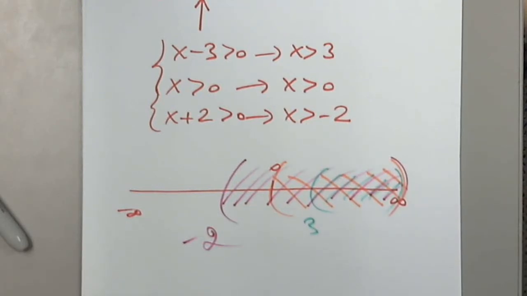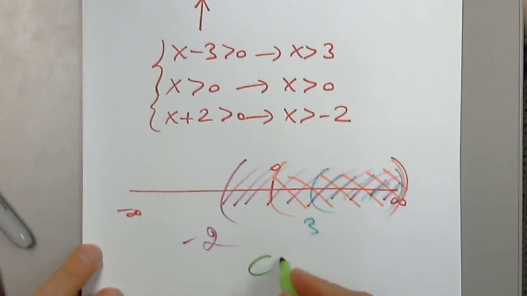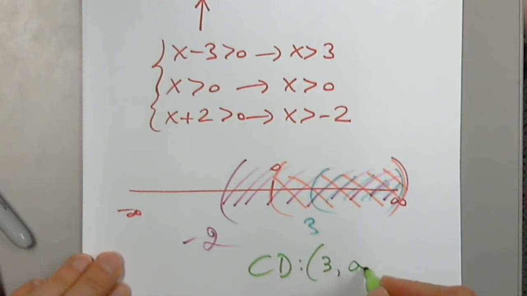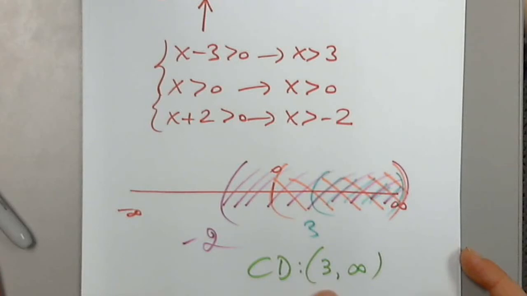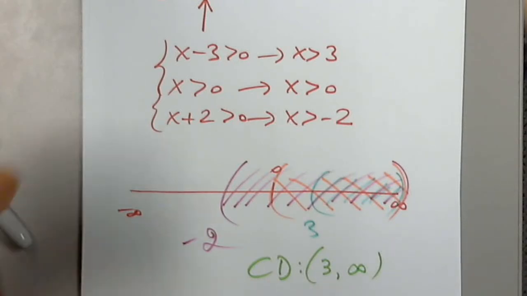I have to choose the common territory to all three, where all three logs will exist. So the common domain is greater than 3. Very good. So if I don't find a solution greater than 3, I'll say no solutions and I'm done.